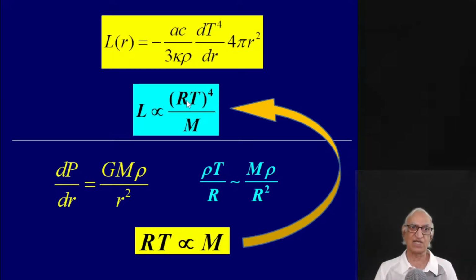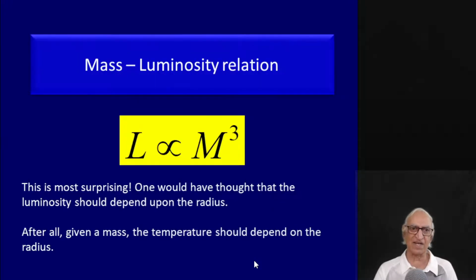That is because in radiative equilibrium, R and T come as a combination R T, and R T is proportional to the mass. Therefore, this magical relation that luminosity is determined by the cube of the mass, I don't care about the temperature or the radius, is true, and it derives from the fundamental principle of radiative equilibrium.